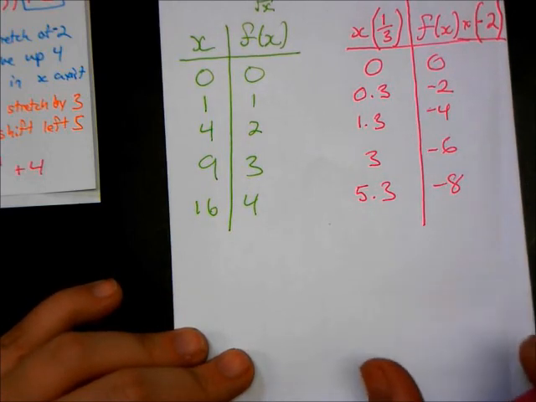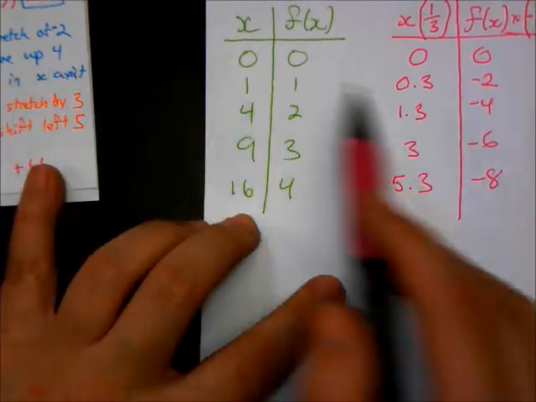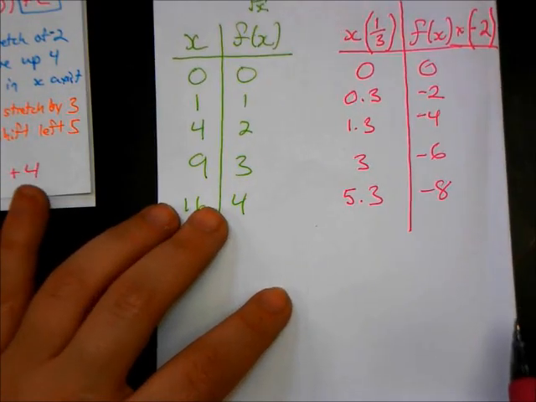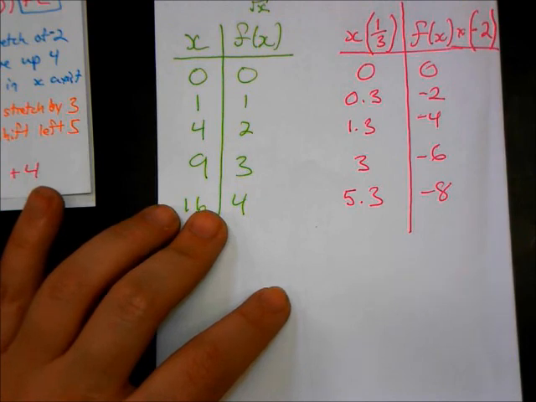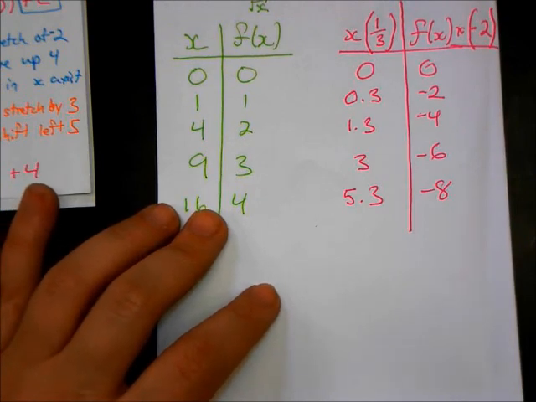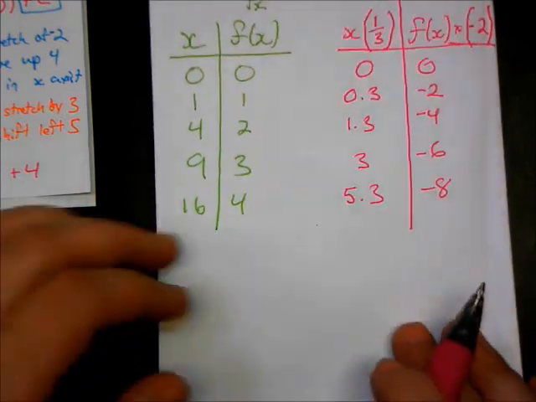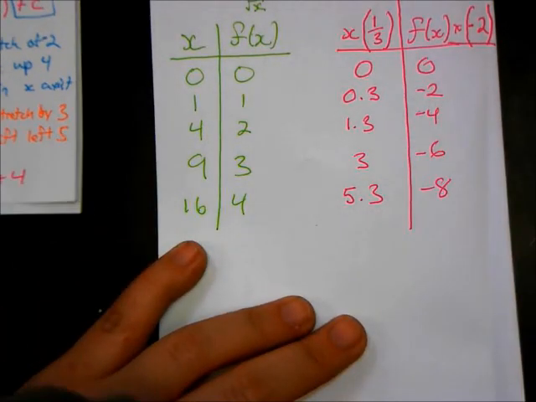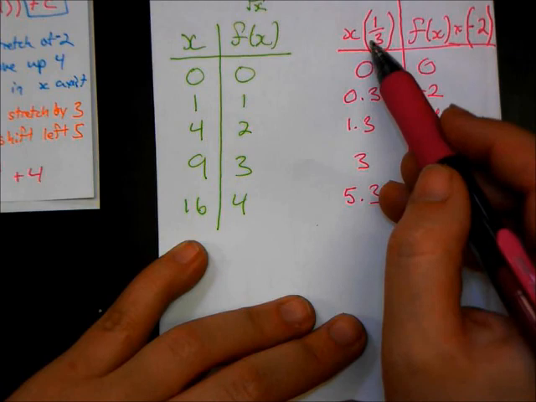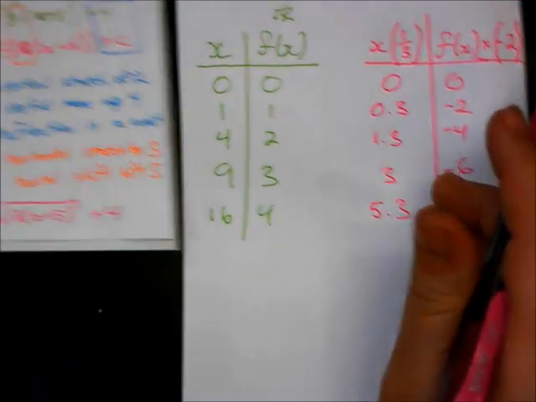But we can take this one step further. We can take these numbers and we can apply our translations as well. Translation is just a move up or a move down, a move to the left or move to the right. We know that we're going to take each of these x coordinates and horizontally translate them.